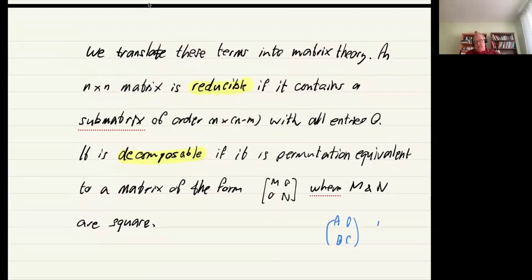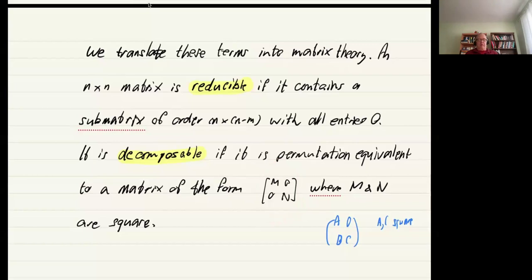We have a matrix of this form with A and C square. A matrix like that is reducible, and anything you get from it by permuting rows and columns is still reducible. It's decomposable if it's permutation equivalent to something of this form, where you have square blocks.